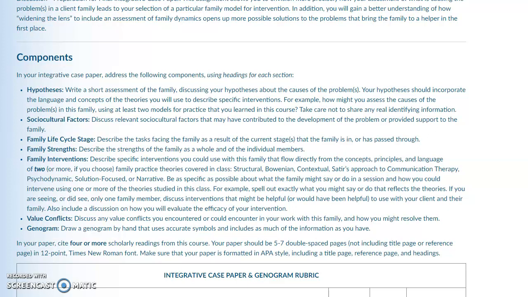This is a good way for you to look at how you would put this into practice within your own work. And then the final part of this section, just want to make sure that you don't miss it, is provide a little bit of a discussion on how you would evaluate the efficacy of your intervention.